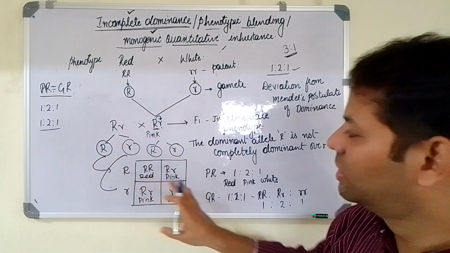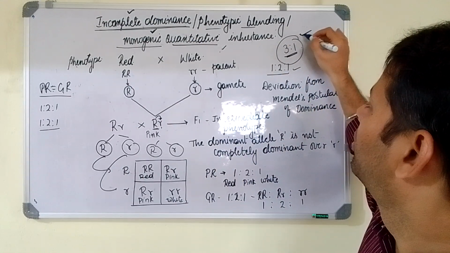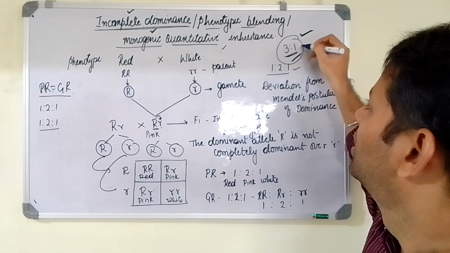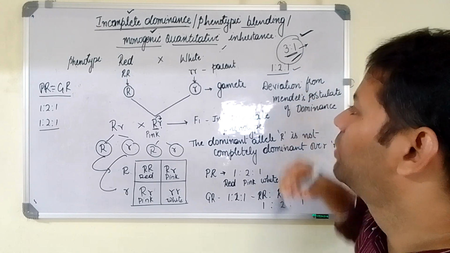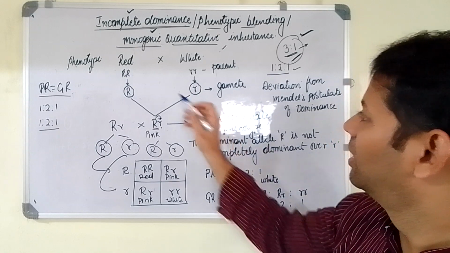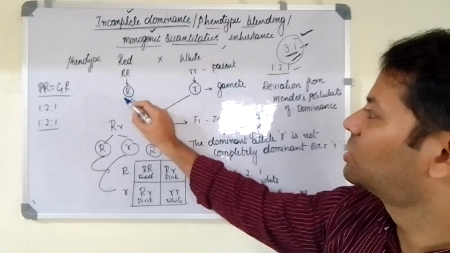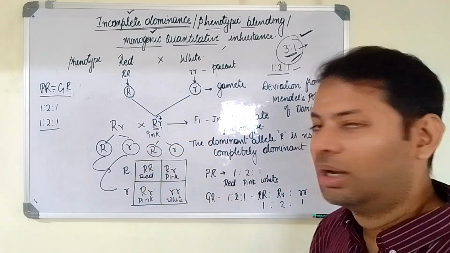So the cross that we did here is a monohybrid cross, but it is deviating from Mendel's postulate of dominance. Actually we should be getting 3:1, but we are getting 1:2:1, which is telling you that the expression of the dominance of the capital R over the small r is not complete.